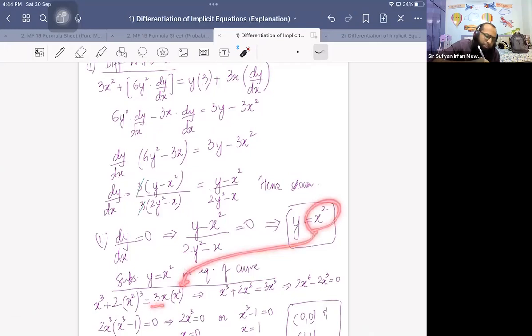So x cubed plus 2 times x squared whole cubed equals 3x into x squared. We have substituted y equals x squared in the original equation of the curve, and we have got x cubed plus 2x power 6 equals 3x cubed.